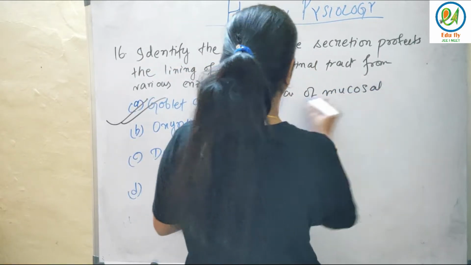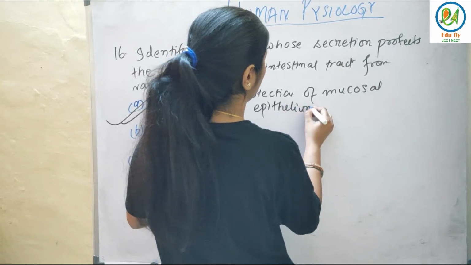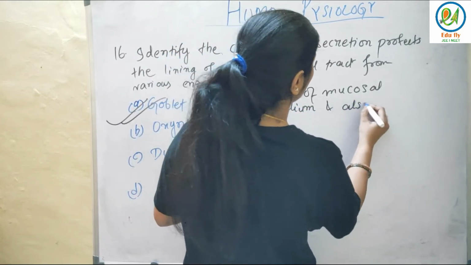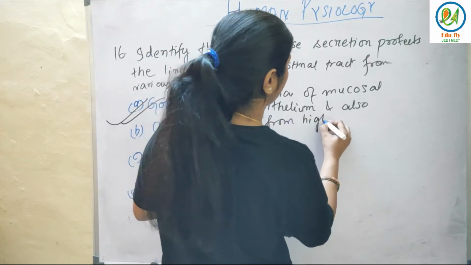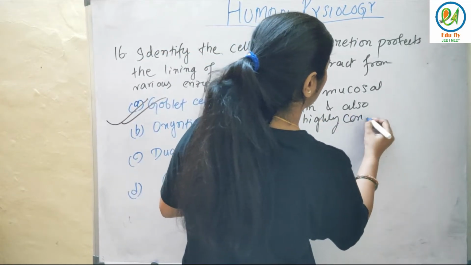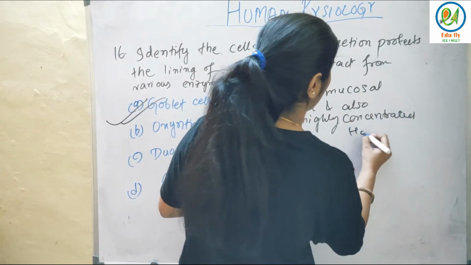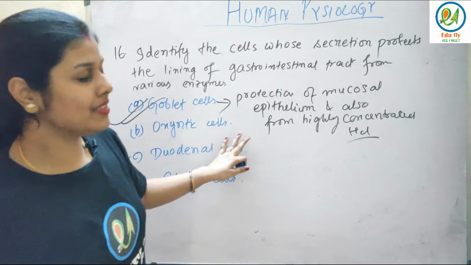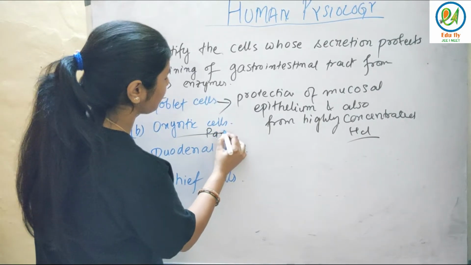Mucosal epithelium, and also from highly concentrated HCl. So these are the functions of goblet cells. Next is oxyntic cells, or you can say parietal cells.